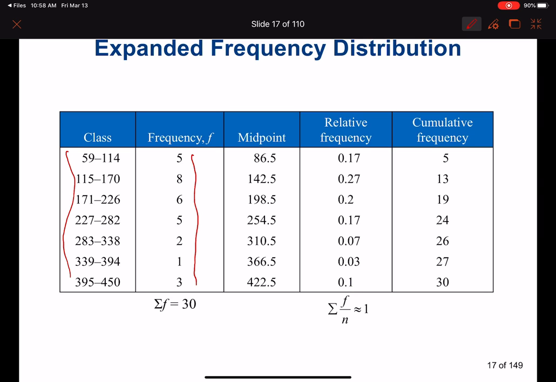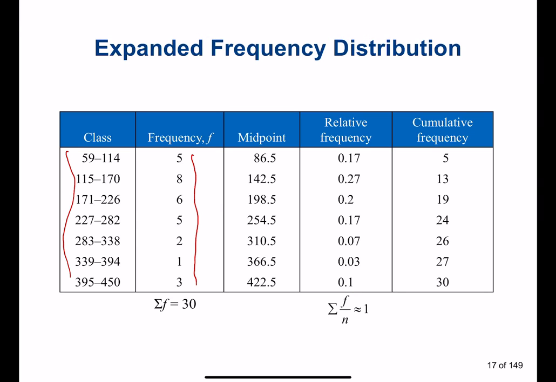And lastly, cumulative frequency, if we want to know some portion of the GPS, let's say between 59 and 282. We go from here all the way here. So a total of 24 GPS were sold that were priced between $59 and $282.